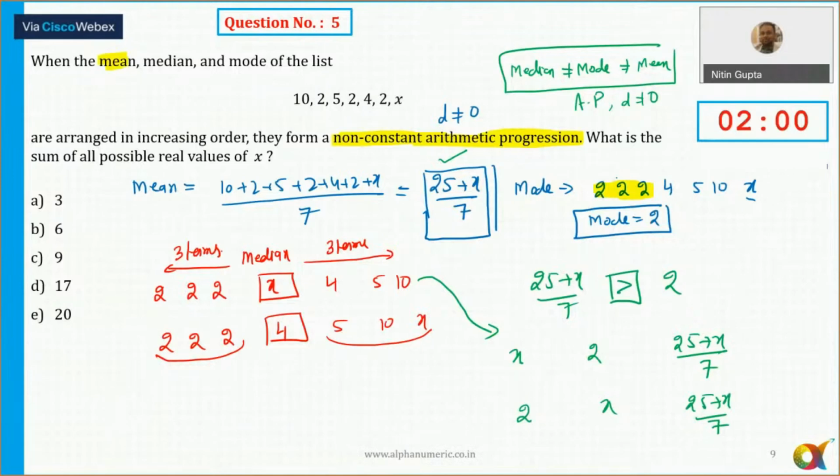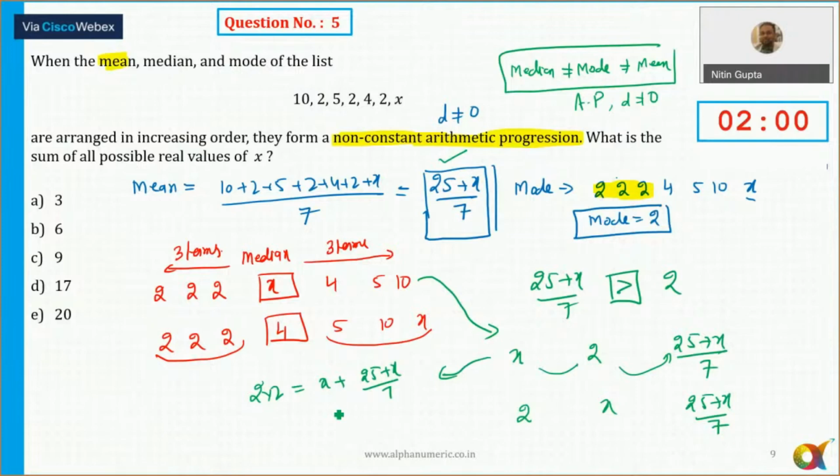So you can consider that if these three, 2, x, (25 + x)/7, are forming an increasing AP, they are in increasing order here. In the first case, if they are forming an arithmetic progression, what is the value? We know that the middle term: 2x equals 2 plus (25 + x)/7.